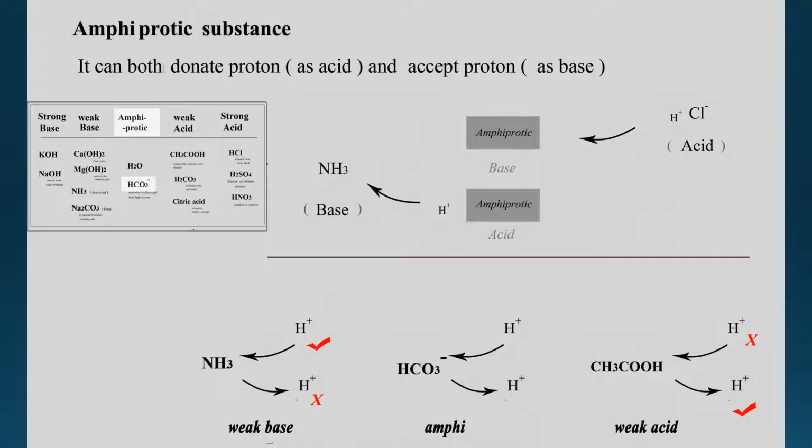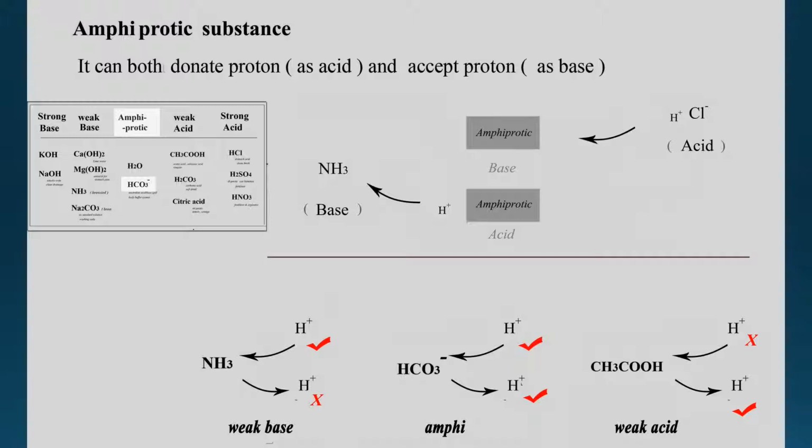HCO3 1-. Now let's see if it is amphiprotic. Can you accept one more H? Once you accept one more H, you become H2CO3. Yes, you can do that. Can you donate one more H? Once you donate one more H, you become CO3 2-.